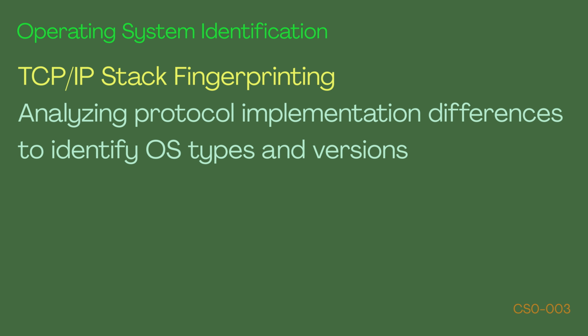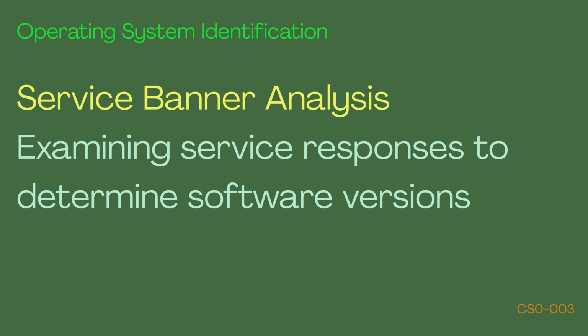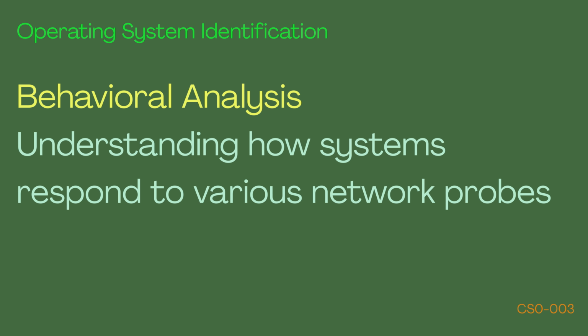TCP/IP stack fingerprinting is analyzing protocol implementation differences to identify OS types and versions. Service banner analyses is examining service response to determine software versions. And behavioral analyses is understanding how systems respond to various network probes.